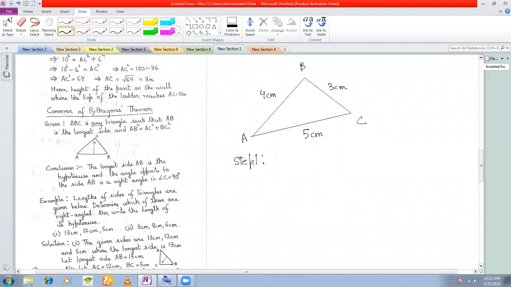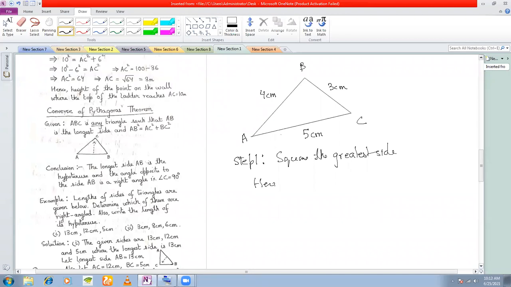More than the statement, the meaning of the application of the converse is important. I'm showing you the application. Step one, first square the greatest side. Here, what is the greatest side?